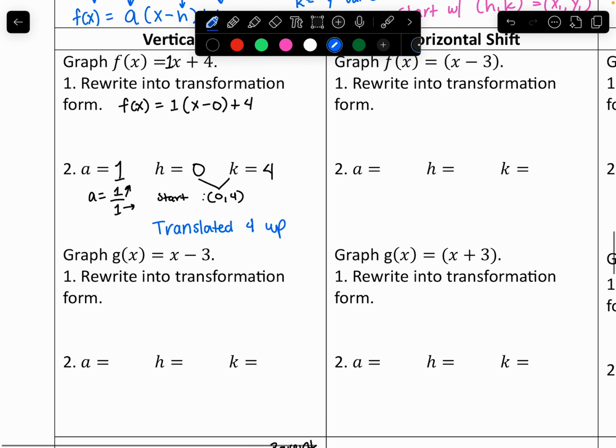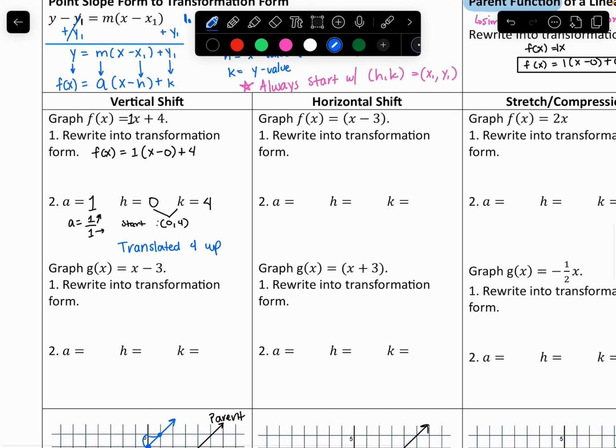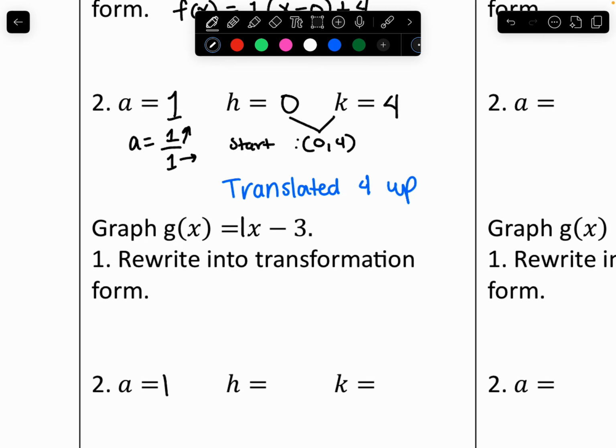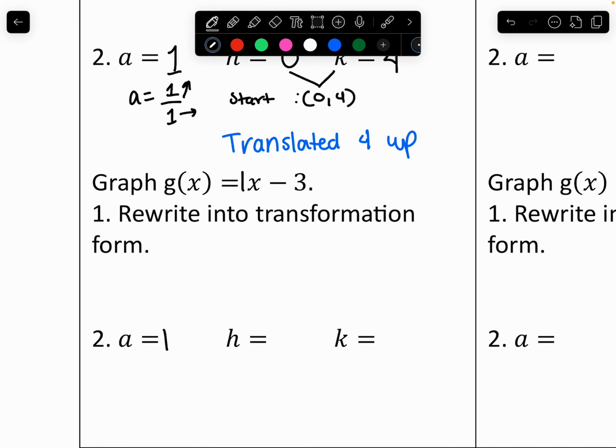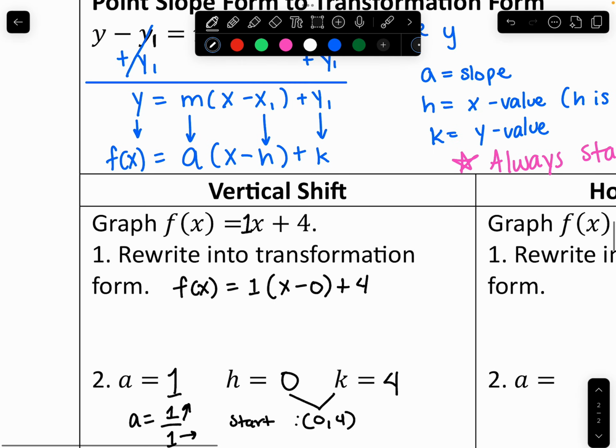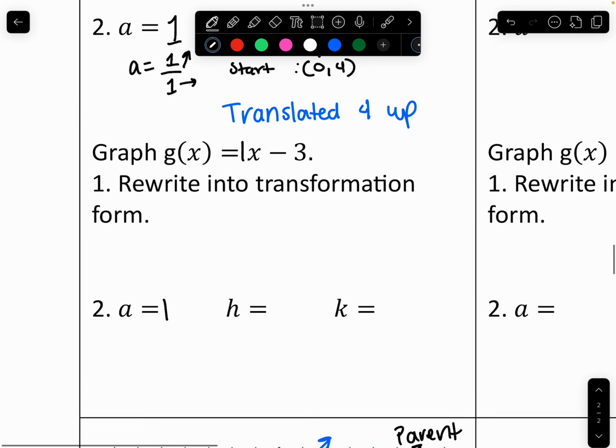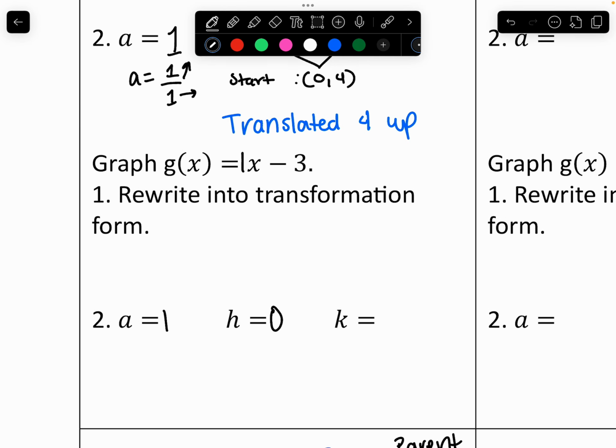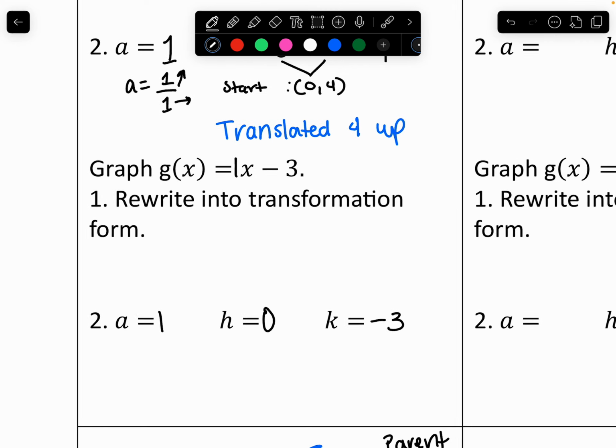Now let's graph this one. Can you predict what this one's gonna do? Right? Let's see if you're correct. Here, again, my slope is 1. I don't see an h. Remember, h is in the parentheses. So there's no h. K equals, sorry, negative 3. Okay, remember, h is the liar. H is the one that changes.